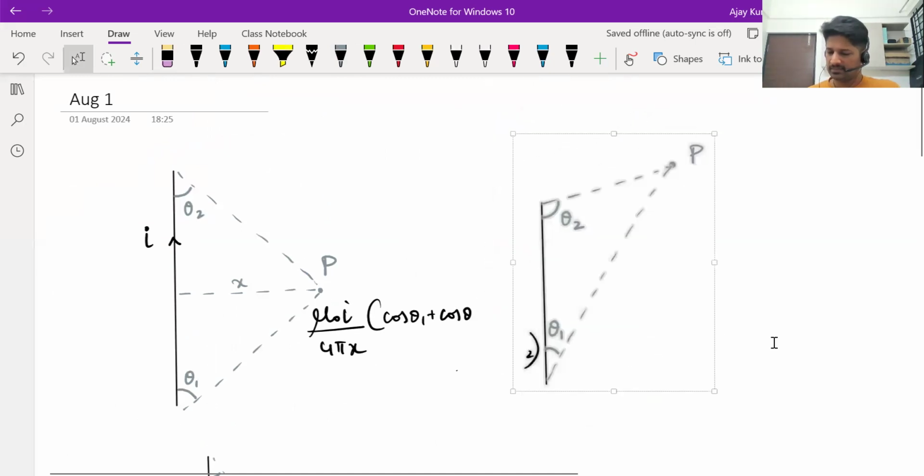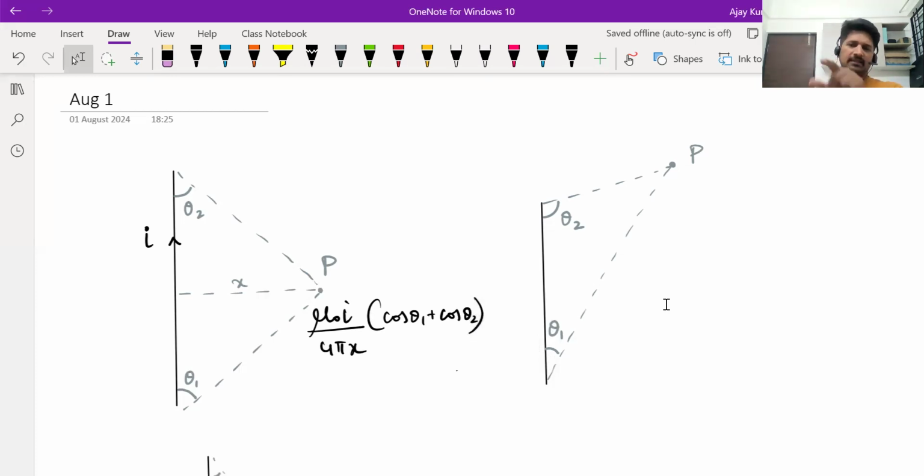In this diagram, can any of you tell how to visualize X? This doesn't exactly have anything to do with the question that I have given, but how to consider X in that second diagram? From where to where shall we take it?